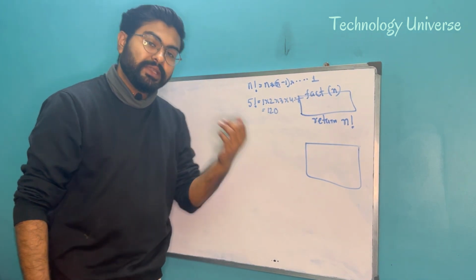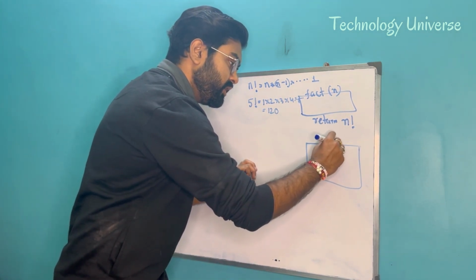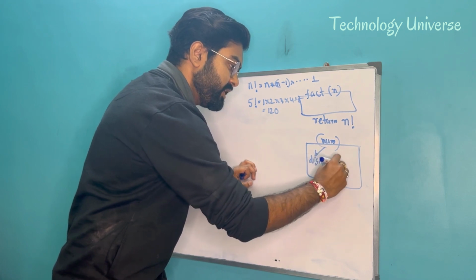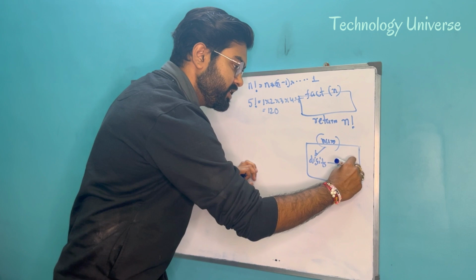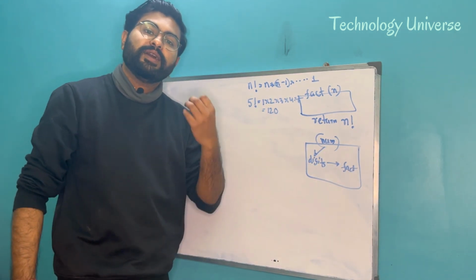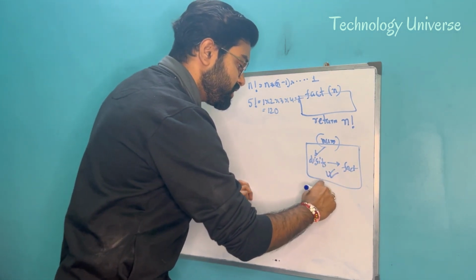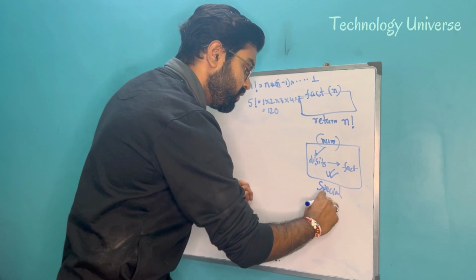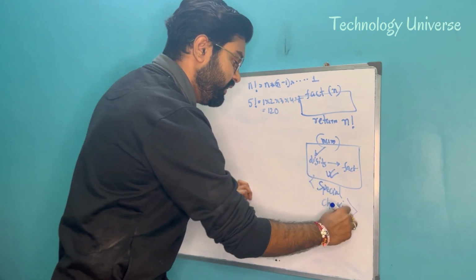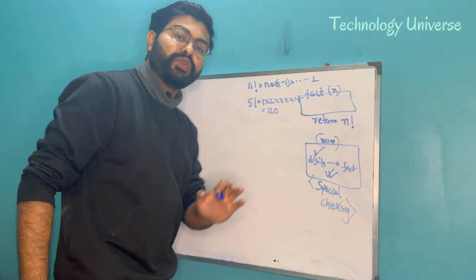Now the second part of the program is to take a number as an input, break its digits, calculate the factorial of each digit, sum them up, and check whether it is a special number or not. So we have a special number checking method, and another method to calculate the factorial of digits.